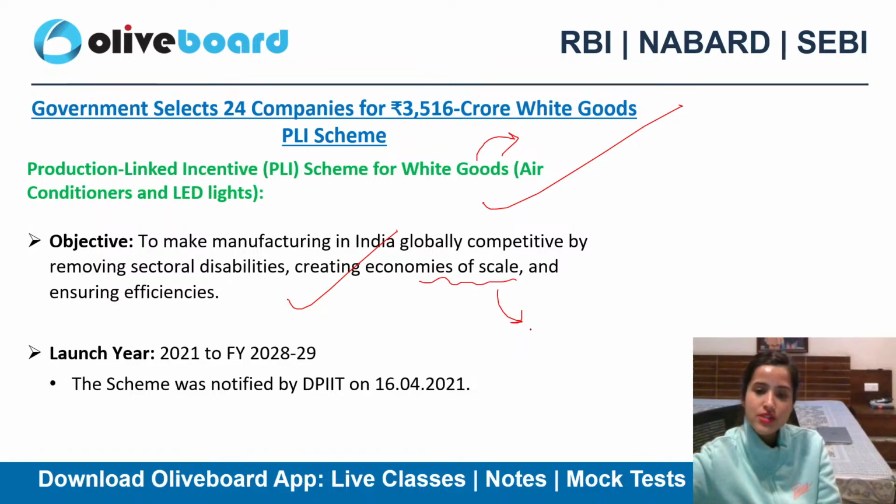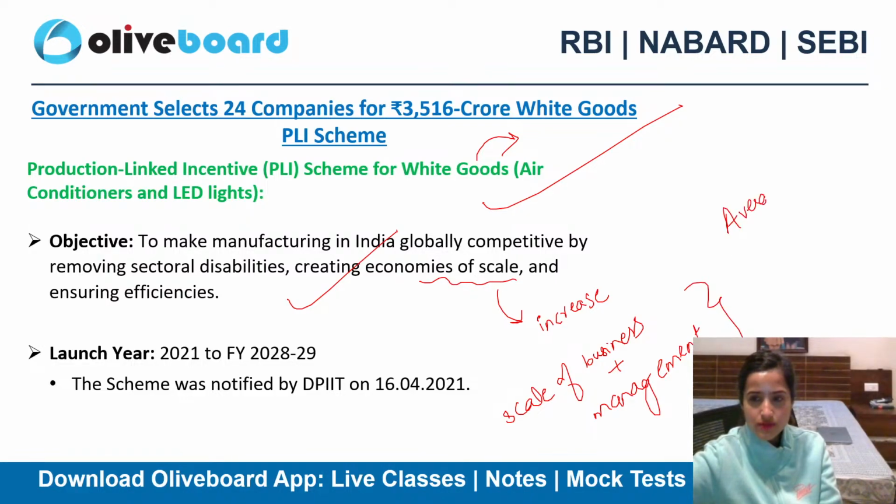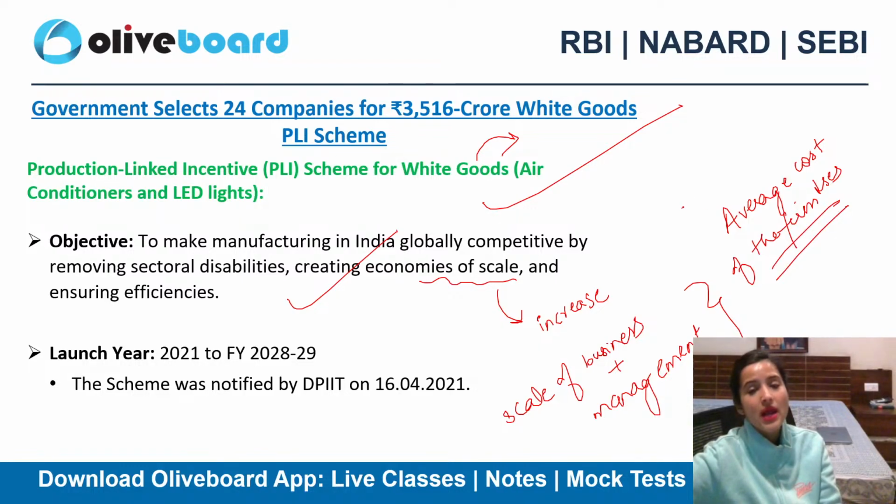Economies of scale is a concept wherein you increase your scale of business or bring an improvement in your own management, because of which the average cost of the firm decreases. So we know that if the cost decreases, the overall price decreases, and this is obviously beneficial for the consumer.